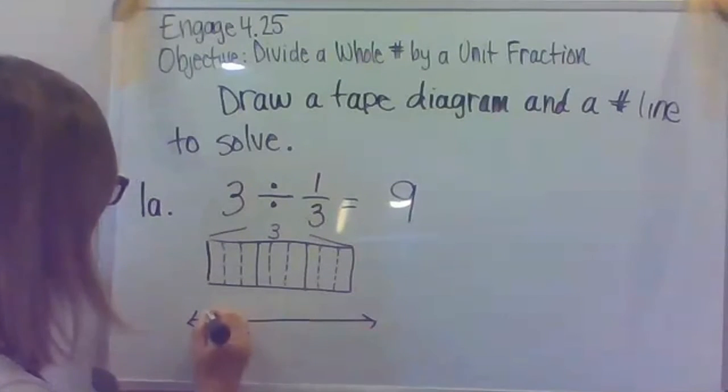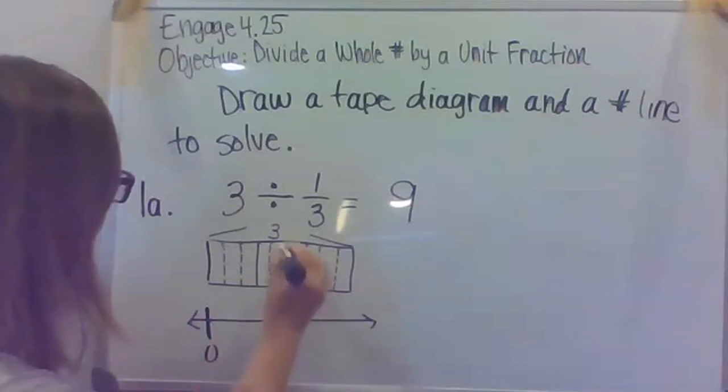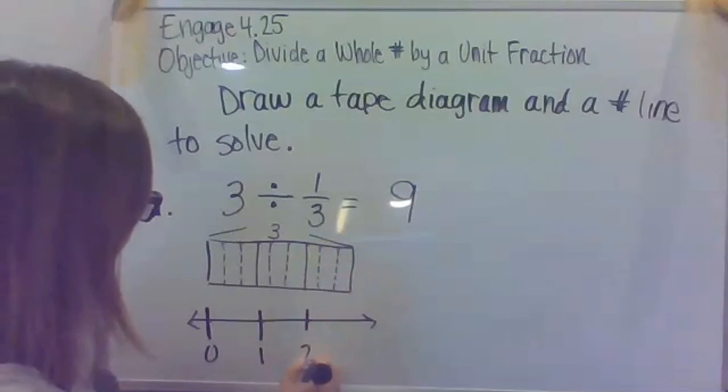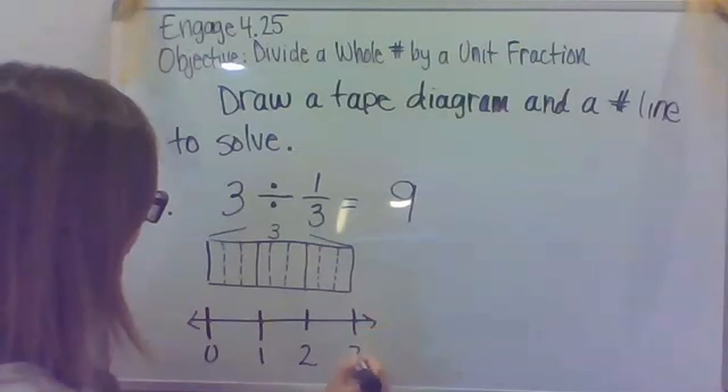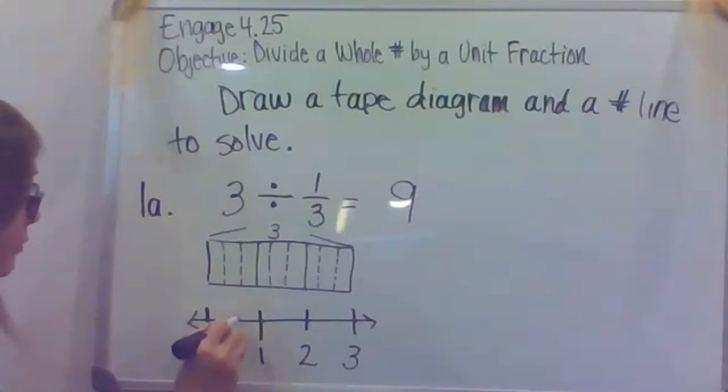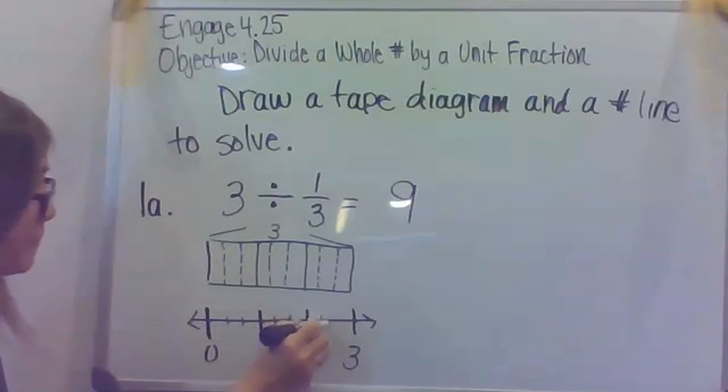Okay, to see the number line. So make your number line. There's my 0. This would be my 1. This would be my 2. And that would be my 3. So make a number line showing your 3 wholes. What do they want me to chop the 3 wholes into? Little thirds. So 2 tick marks get me thirds, right?